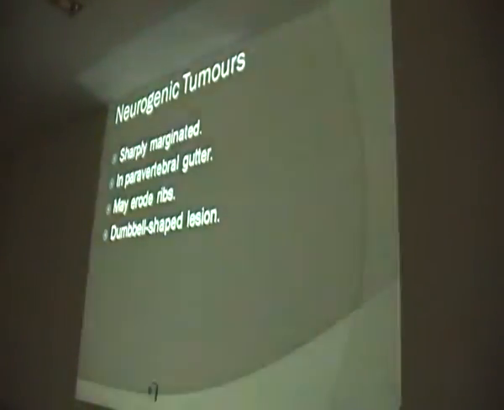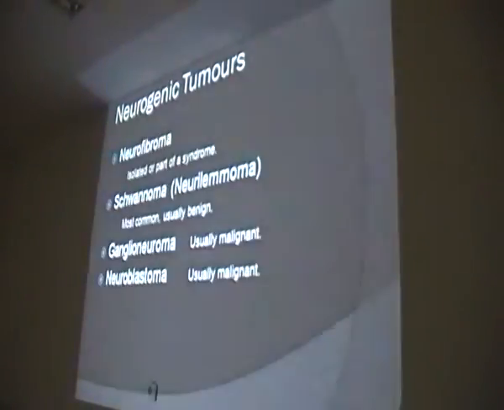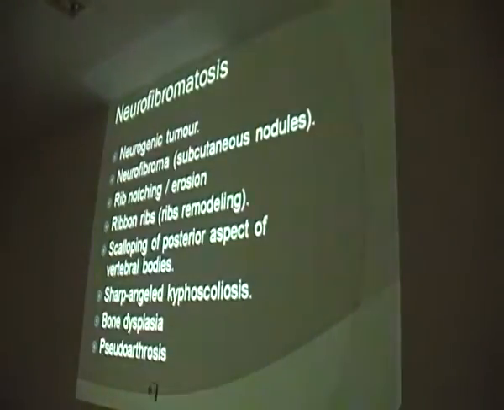So neurogenic tumor, right, is usually sharply demarcated in the paravertebral gutter or the posterior mediastinum. And the tumor might erode the ribs. And usually it's a dumbbell shape, which I will show in the X-ray later. Sorry, I'll repeat that. Neurofibromatosis is a syndrome, a disorder, of which you can see some of these X-ray signs.